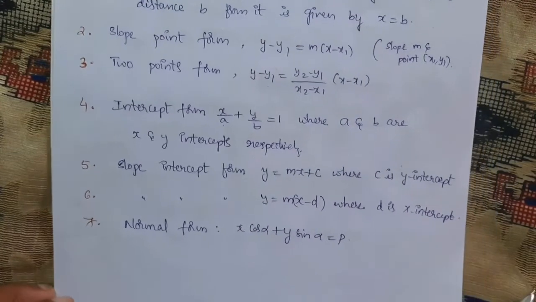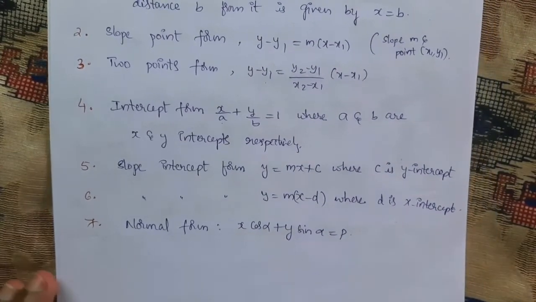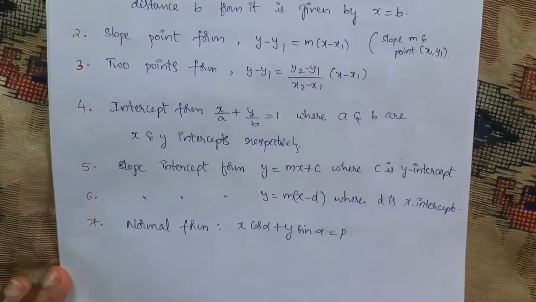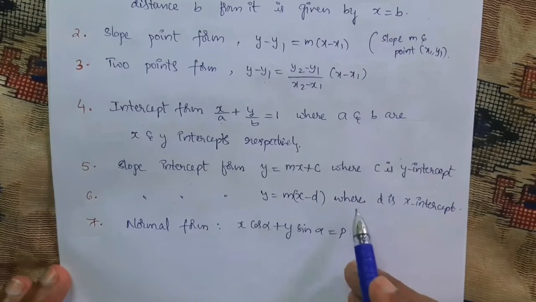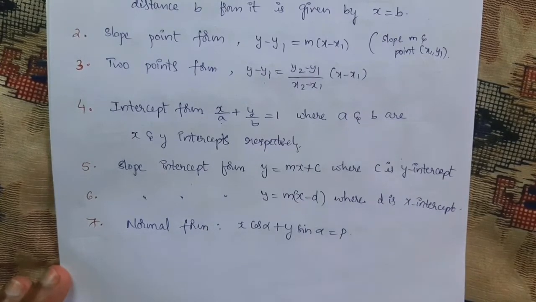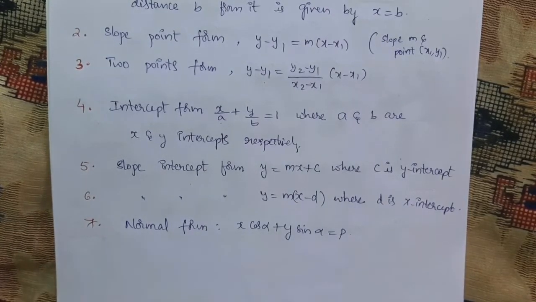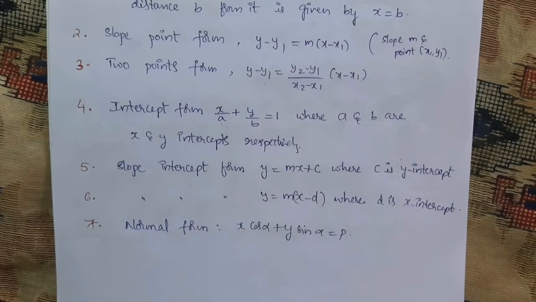Next, slope intercept form: y equal to mx plus c, where c is the y intercept. Another intercept form is y equal to m into x minus d, where d is the x intercept. Next, the last one, normal form of a line: x cos alpha plus y sin alpha is equal to p.